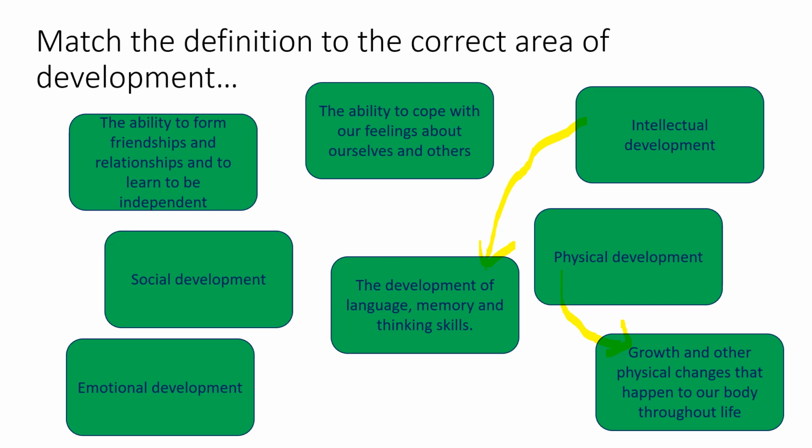Emotional development is this one, so large arrow up to here. The ability to cope with our feelings about ourselves and others and being able to manage emotions as well. And social development is being able to form friendships, relationships, but also learning to be independent and gaining independence. Well done.